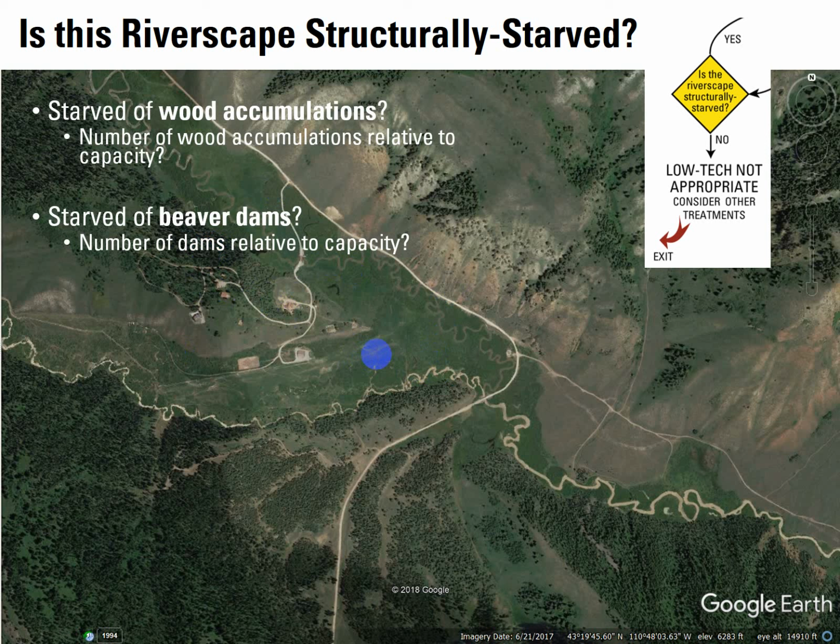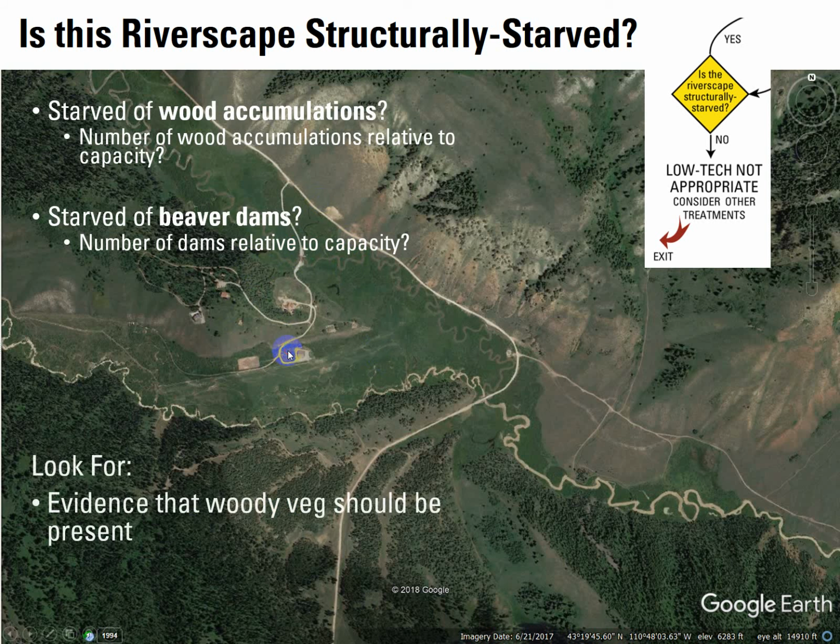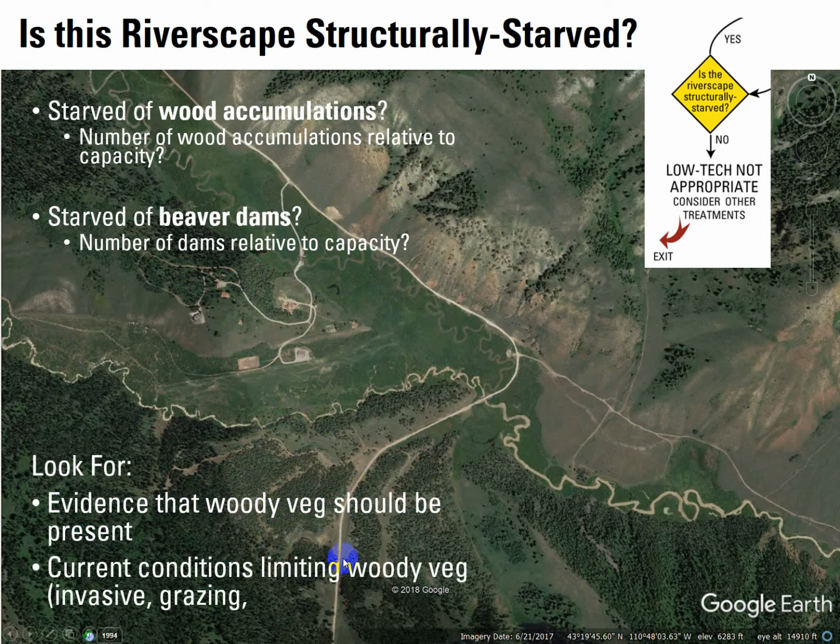It shouldn't exceed it. It may get to some proportion of it, but they help provide some bounds on that. Okay, so you want to look for evidence of what woody veg would be there to support these processes that could be recruited from either floodplains or hill slopes, and look at current conditions that might limit that, right?